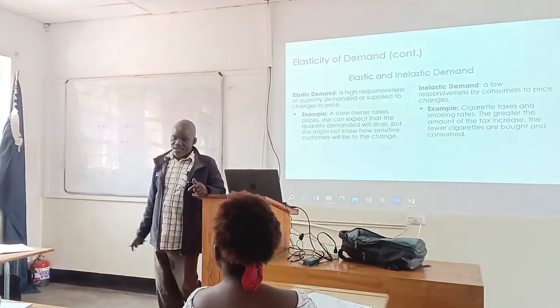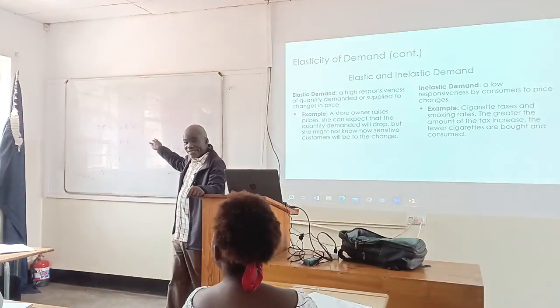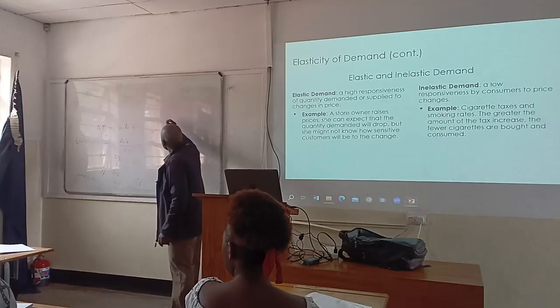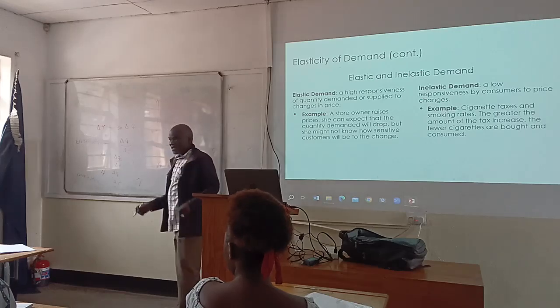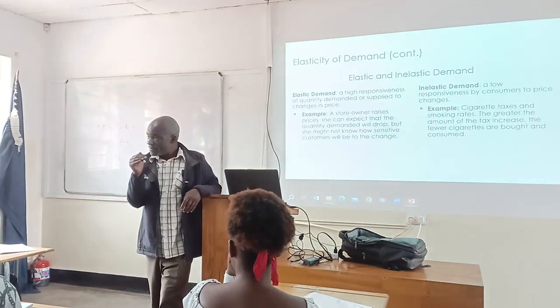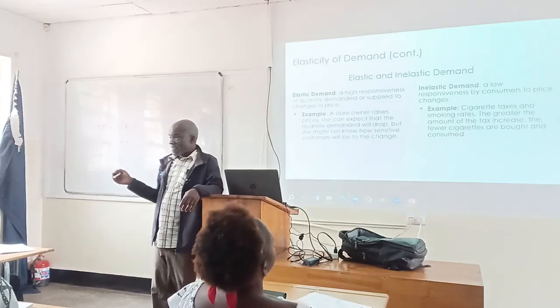Supply is the same thing. You have to use the laws in order to interpret. So what about supply? If we change this to S, what does the law of supply say? When prices go up, quantity supplied also goes up. Okay?